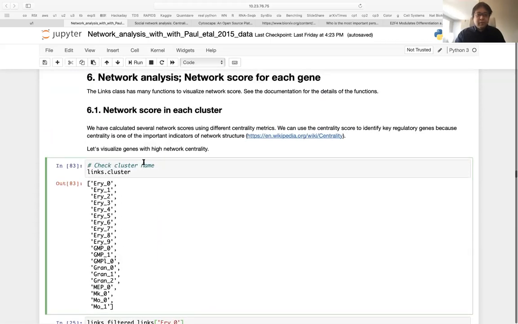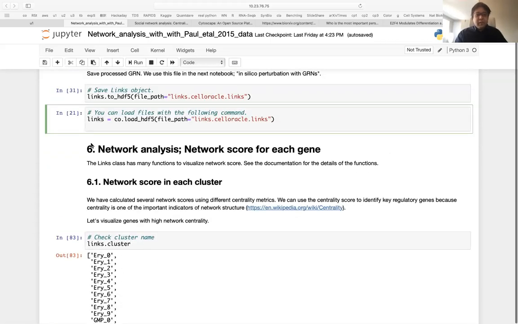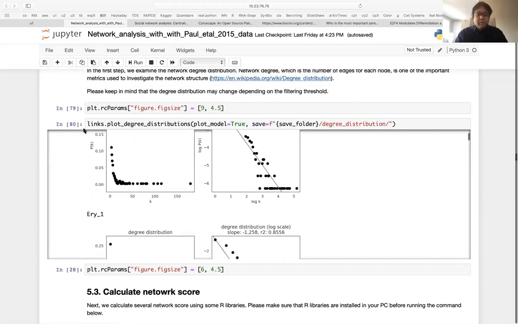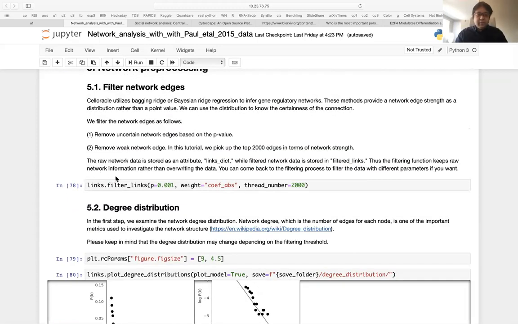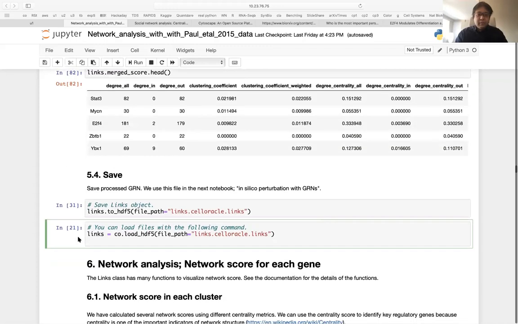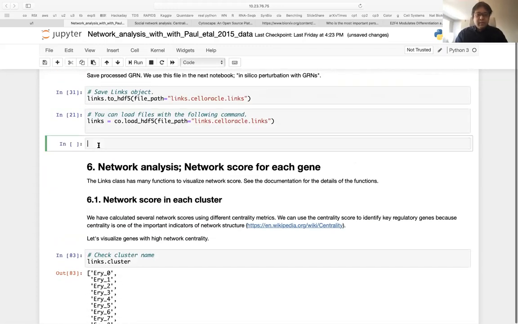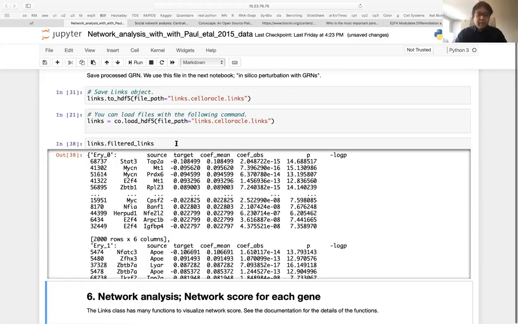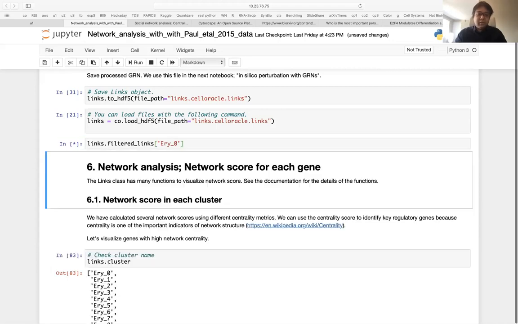First, your network was in this object, and hopefully you remember we finished filtering. So we have the filtered network here. This is a dictionary object, a Python dictionary, so you can get one object like this.